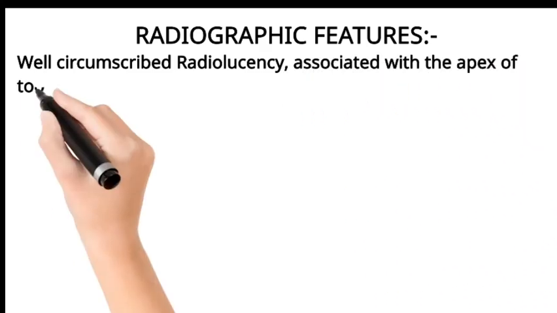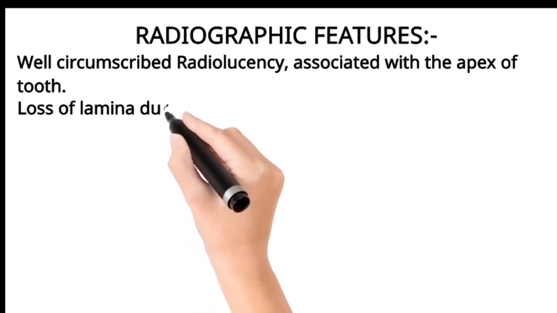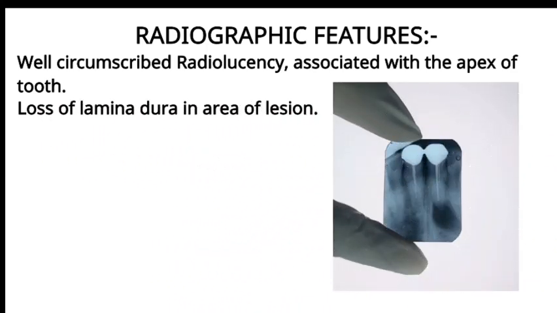Now coming to the radiographic features, we will see a well circumscribed radiolucency associated with the apex of the tooth, and there is also loss of lamina dura in the area of the lesion. Now what is the lamina dura? It is a thin layer of dense cortical bone that lines the tooth socket and the PDL, periodontal ligament. Its loss indicates a bone reaction to a chronic slow growing process.